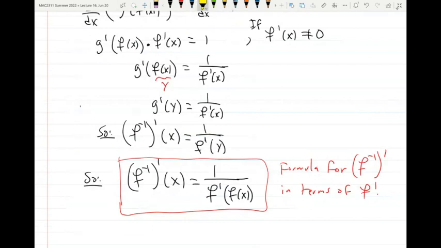And of course, this formula is valid as long as the derivative of f is different than 0. Otherwise, you're dividing by 0. Okay? All right, so questions on this formula? We're going to do a little example now.